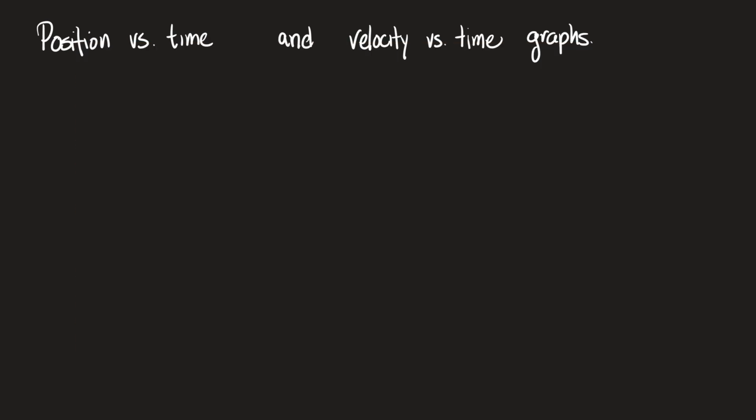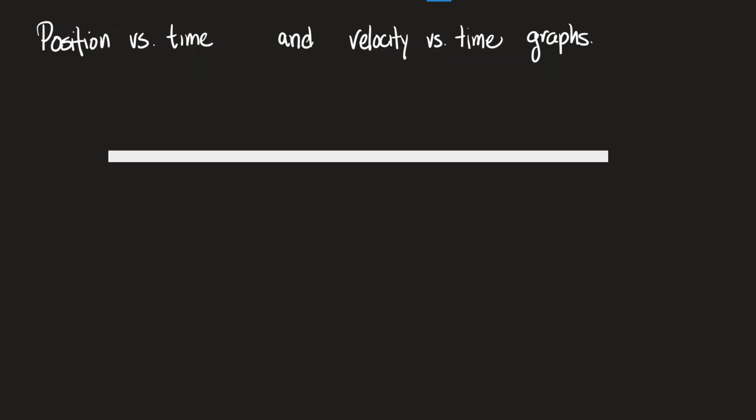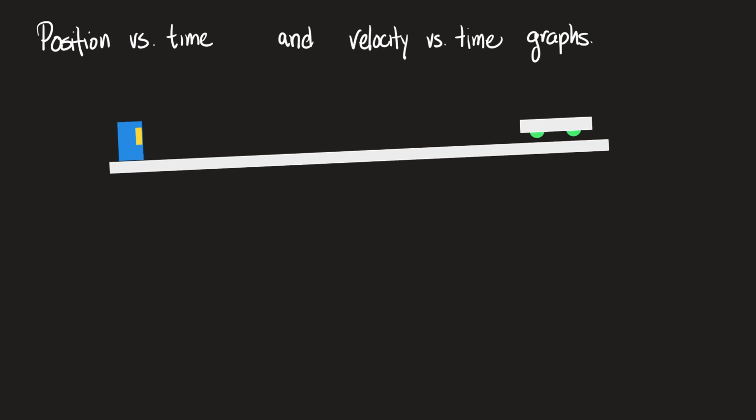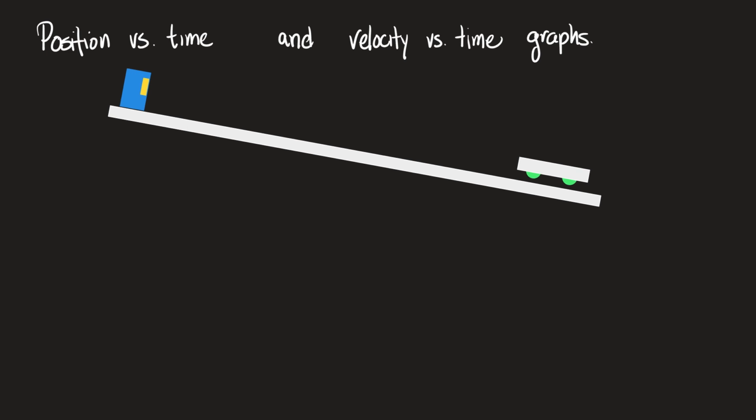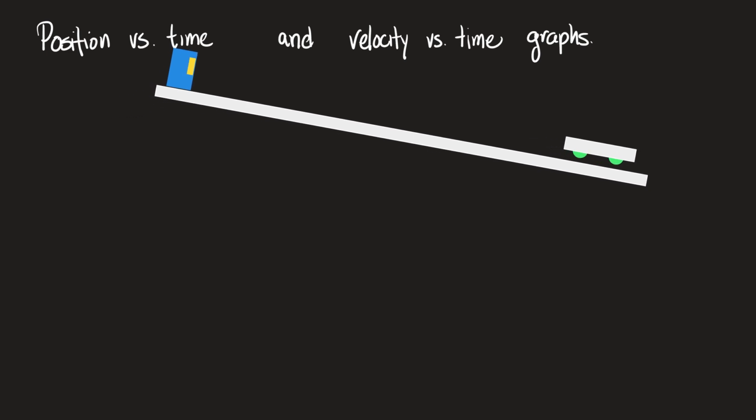That's right. So if we consider that we have a track with a detector and the car starting here, but the track itself is inclined this way. When we first start observing, the car has a velocity in this direction.